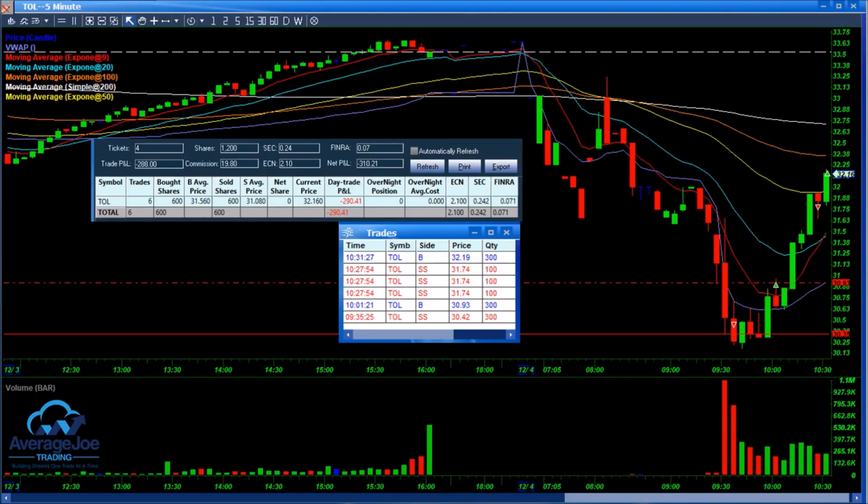If I end up with 2 or 3 days in a row where I'm hitting my max loss, then I'm going to go back to the basics. I'm going back to smaller size. Like in this case, I would trade 100 shares and I would reduce my max loss, kind of bring everything back in until I get myself back on track.